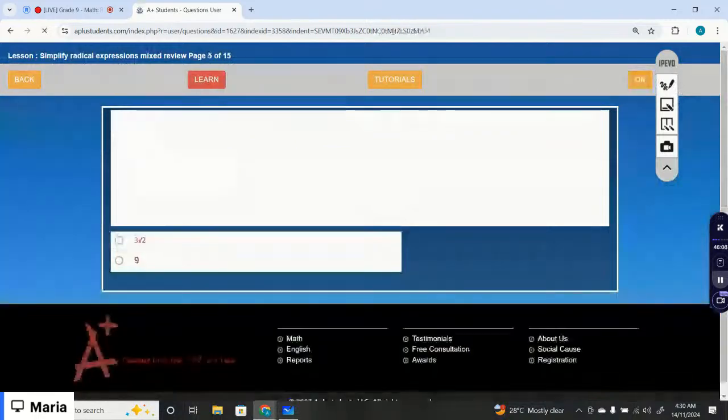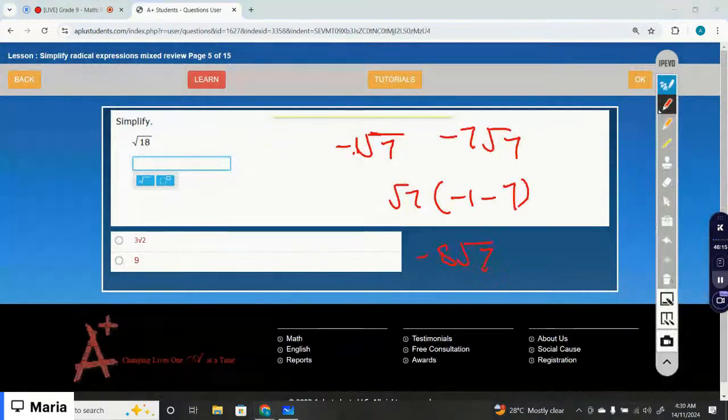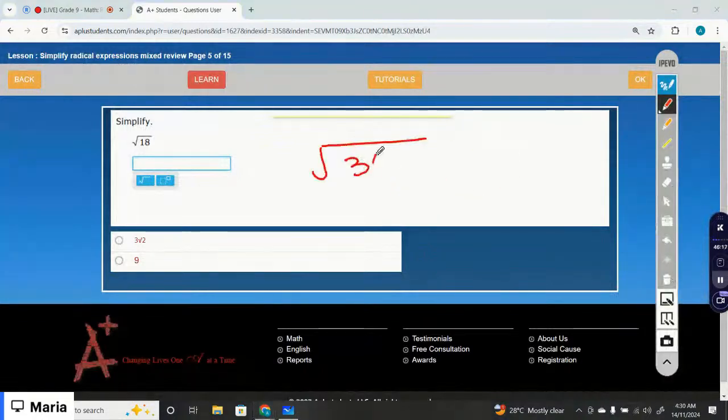Okay, the next one is square root 18. Let's make the prime factors. 3 times 3 is 9, 9 times 2 is 18. So you can write it as 3 square times 2, so 3 square times square root 2.